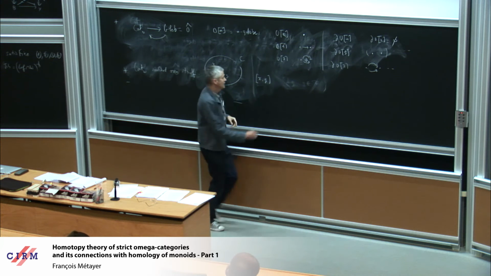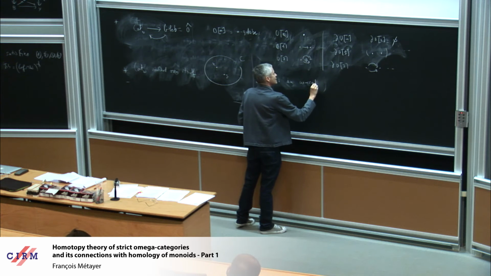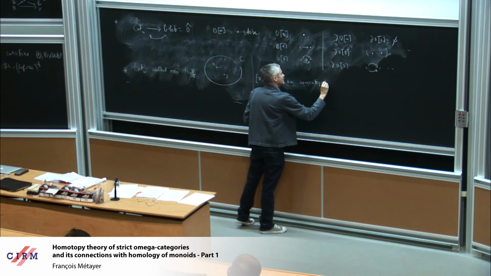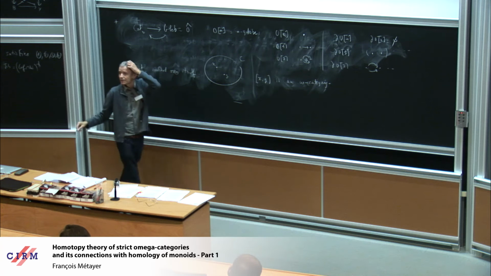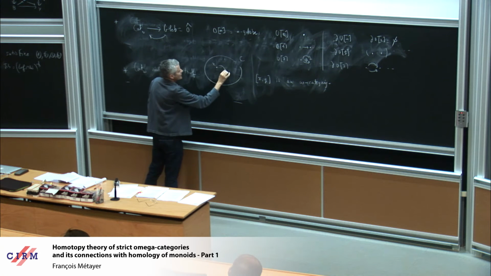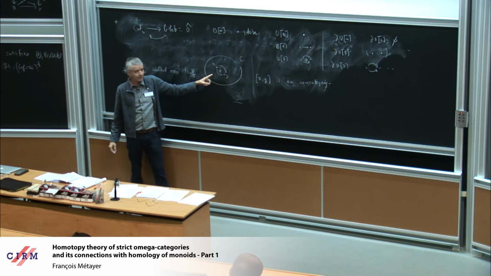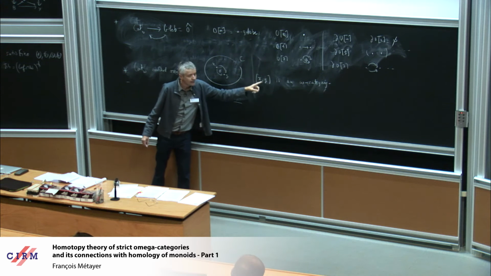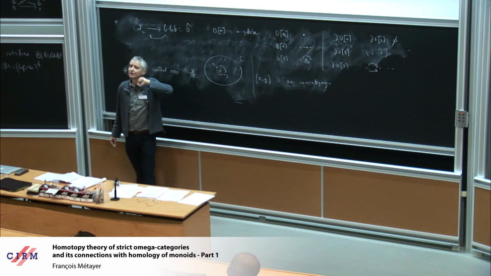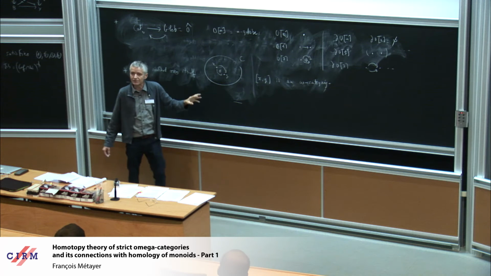So this is an omega category. You see that, for instance, if you take a 2-cell in C, here, in this Hom set, then it becomes a 1-cell in this category here. This process I denote with brackets. That's it.